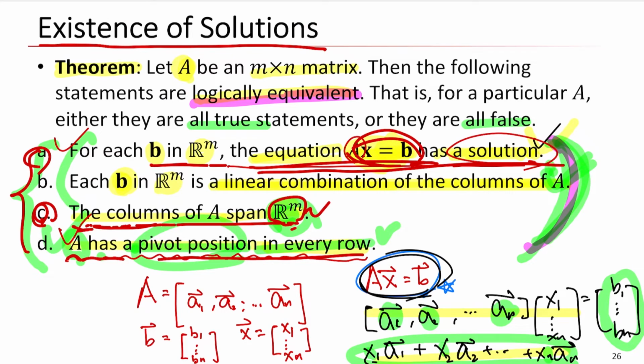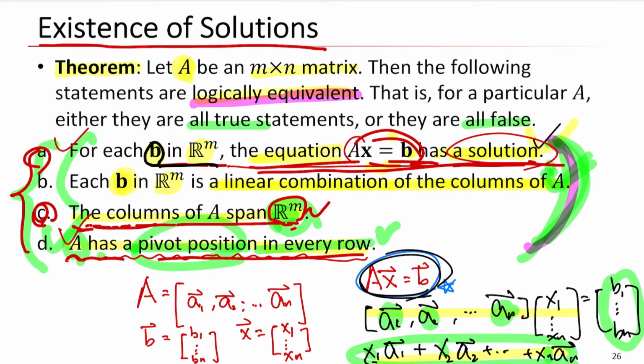This theorem says that for each b in the Rm space, the equation Ax equals b has a solution, and each b in Rm space is a linear combination of the columns of A, and the columns of the matrix A span Rm space, and A has a pivot position in every row, right? So all these four statements are equivalent.